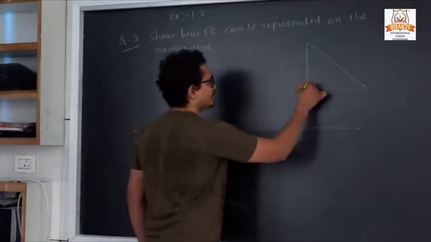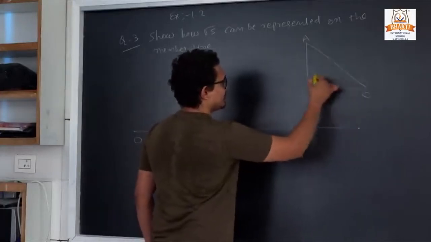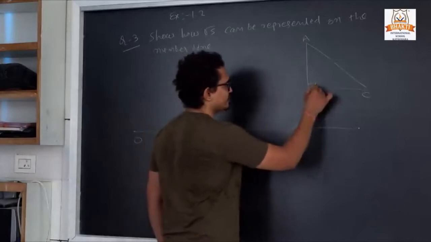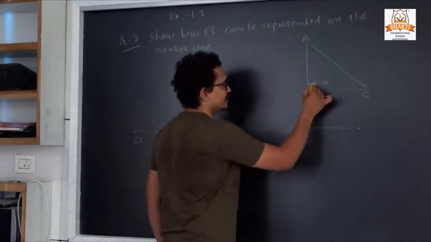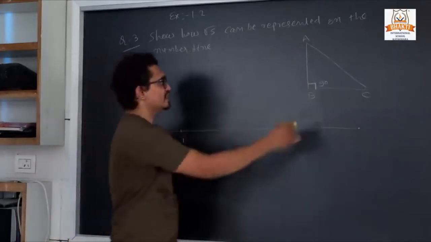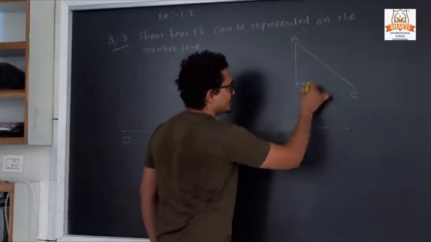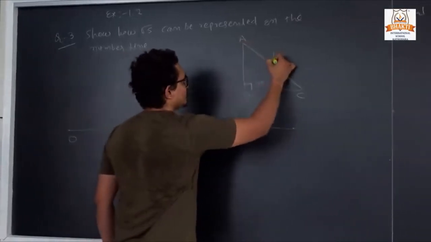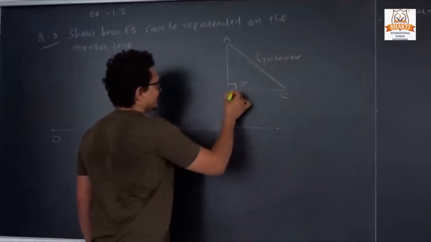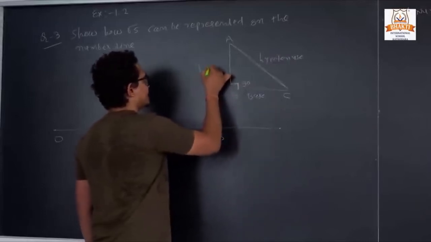So according to the Pythagoras principle, you already know that if we have a right angle, it means one of the angles is 90 degrees. So it is a right angle triangle. In a right angle triangle, the side opposite the 90 degree angle is always called the hypotenuse, and that is called the base, and that is called our height.